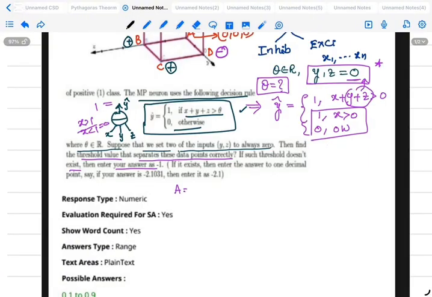They gave A equals 0, 0, 0, that is x, y and z, which implies x plus y plus z equals 0, which is less than theta. What is the threshold condition for the MP neuron?